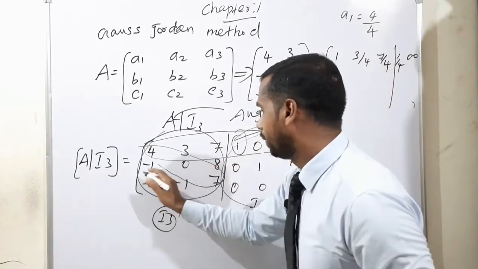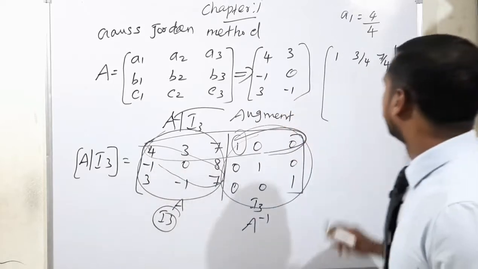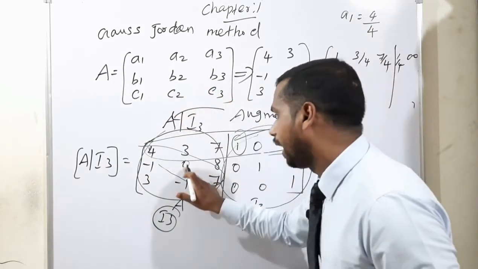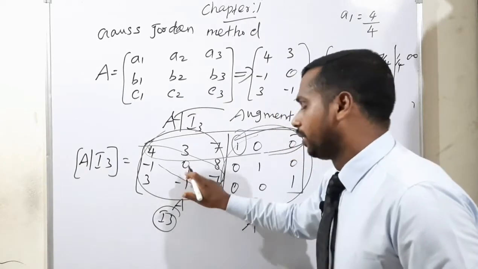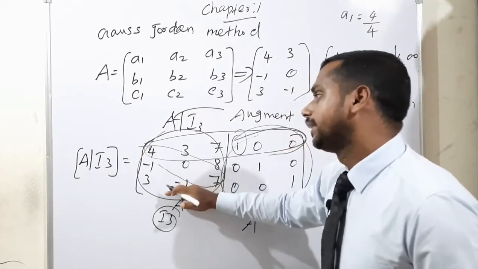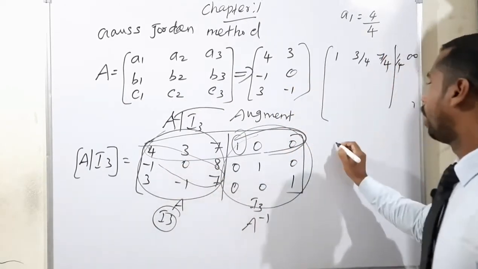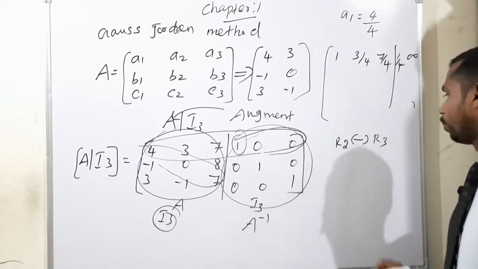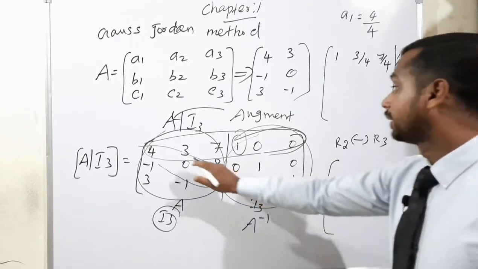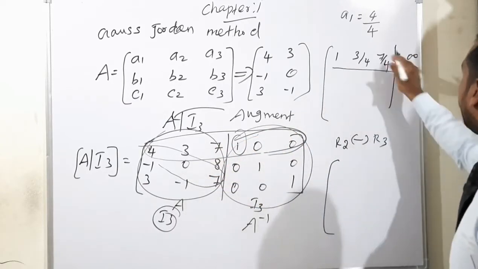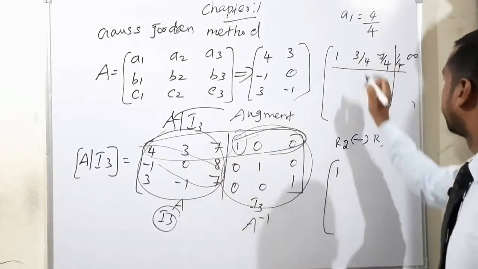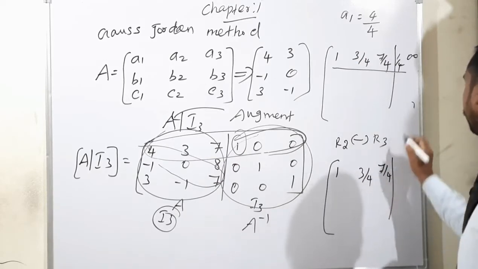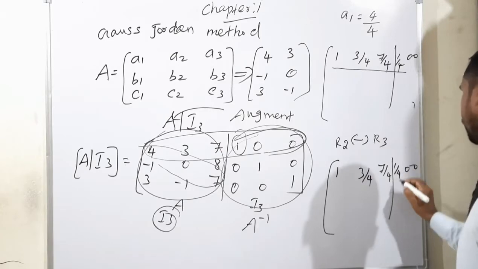The second part means the entire row 2, isn't it? Row 2 is considered for B2, but B2 is 0. If it's 0, we have to interchange row 2 and row 3. So first we rearrange: row 1 stays as it is, divided by 4, giving 1, 3 by 4, 7 by 4, 1 by 4, 0 and 0.